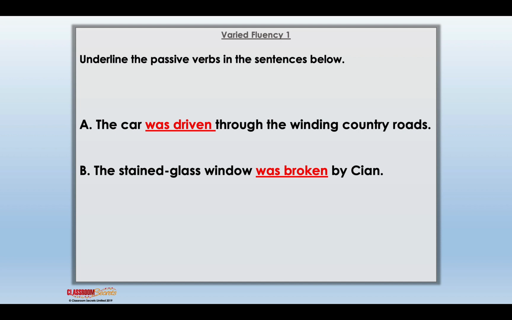The passive verb was driven in the first sentence, was broken in the second sentence. So again, both of those sentences are written in the passive voice. The passive verb is the part of the sentence that identifies it as being in the passive voice. So for example, was driven and was broken. And that's how we identify.